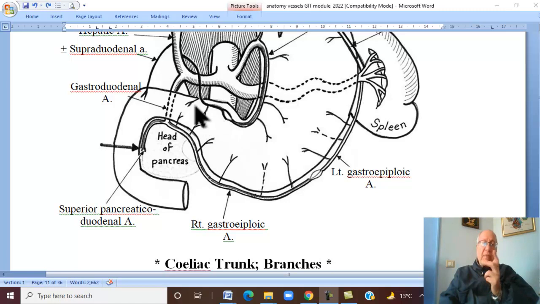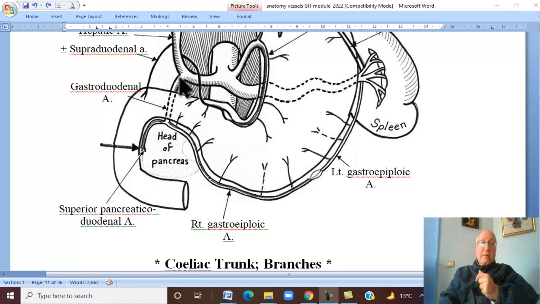And this branch supplies only the stomach. Therefore, it's called right gastric artery, which passes between the two layers of the lesser omentum, and it ends on the lesser curvature by anastomosing with left gastric artery.